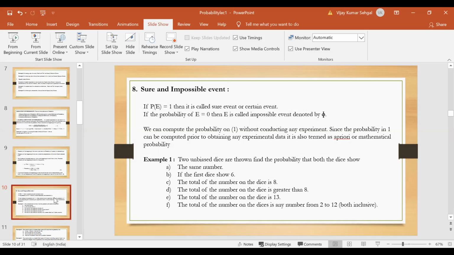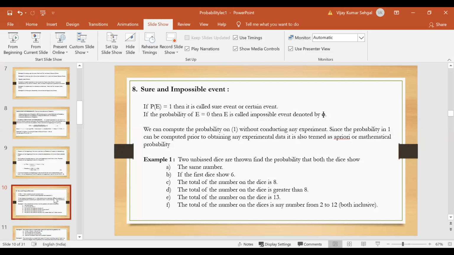That means how many favorable cases are there in this case? There are 5 favorable cases: 6-2, 5-3, 4-4, 3-5, 2-6. So the probability of getting a sum of 8 on the dice is 5 by 36.